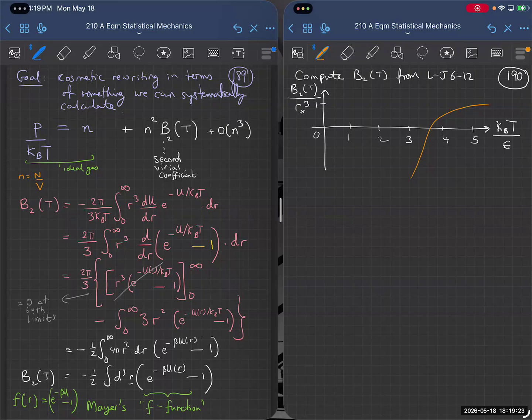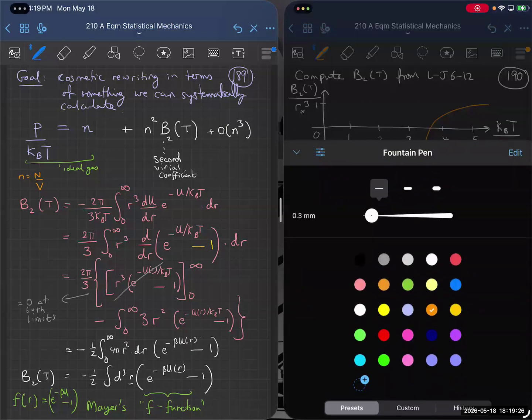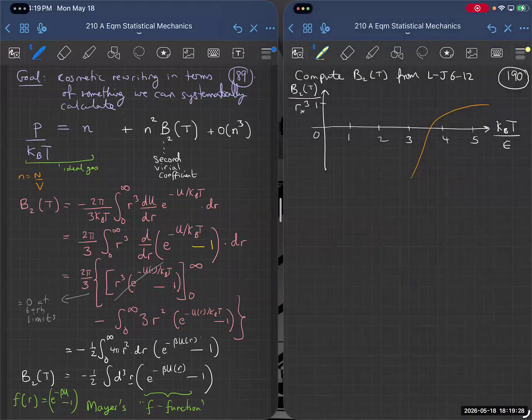Look what happens here. In here, B2 is negative. This is minus 1, minus 2, something like that. So the way that B2 is coming into the equation of state, I've got P over kBT is equal to n plus n squared B2 of T plus higher orders.